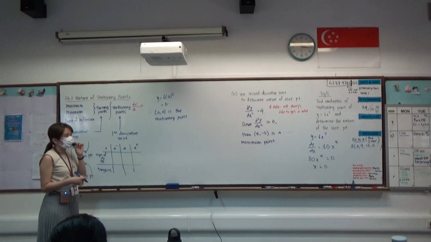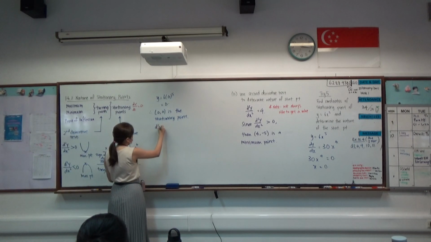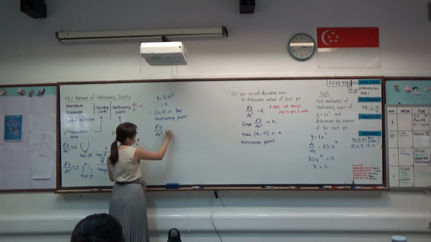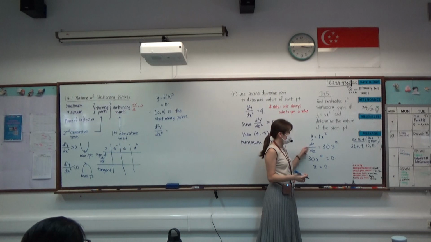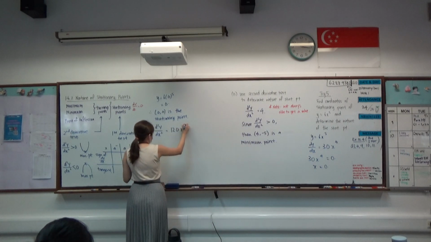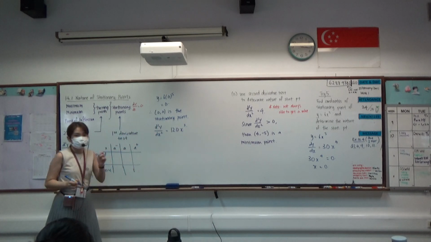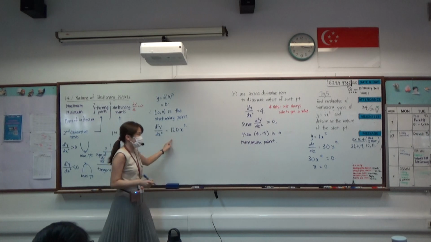Then to determine the nature of the stationary point, we find our d2y over dx squared. So we differentiate our dy over dx again, we get 120x cubed. Alright? So this is the difference between try 5 and try 4.